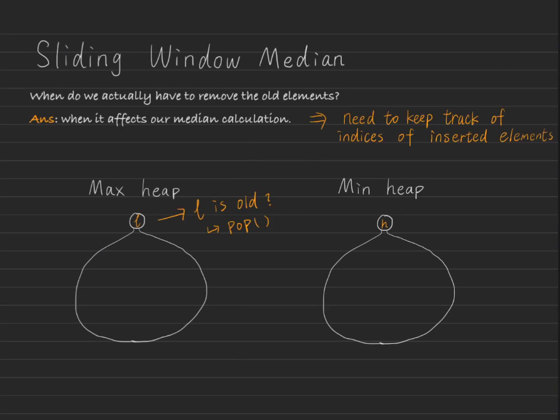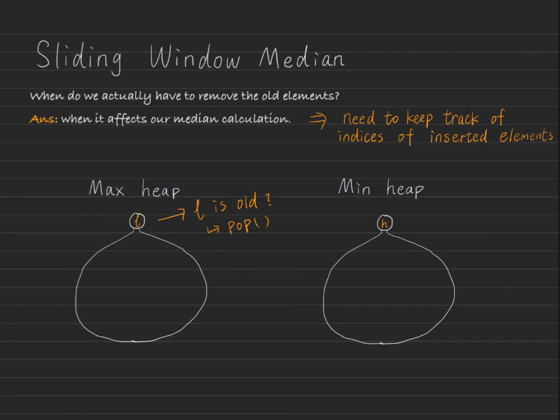Let's elaborate a little bit more on when we actually have to remove the old element. First, we need to know which element corresponds to the old ones. So we need to keep track of the indices of inserted elements. Second, let's say the old element is somewhere in the heap. To remove it, we actually have to keep popping until it gets to the top of the heap, then add everything back in, which might take a lot of work.